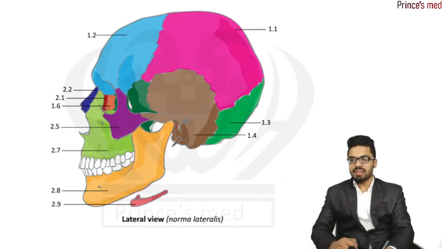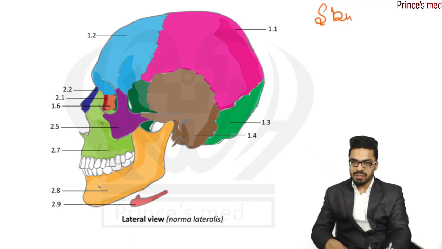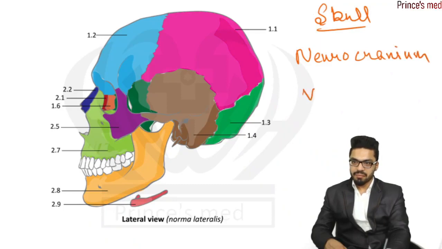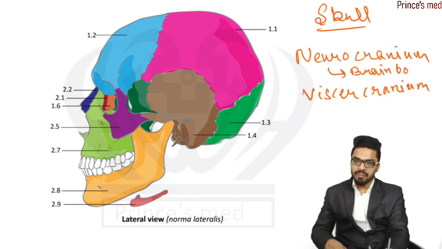Next, we will see our skull. Skull consists of neurocranium and viscerocranium. Neurocranium means skull cap, that is, brain box, and viscerocranium means facial skeleton.